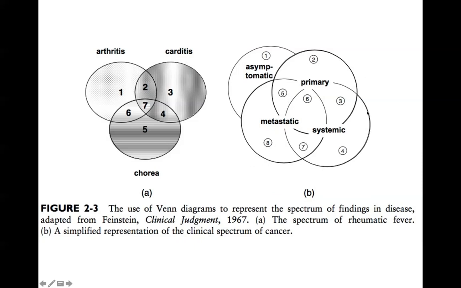So that's the Venn diagram for the clinical spectrum of cancer. And this is rheumatic fever here. You can see if a patient has rheumatic fever, it can be associated with those different diseases.